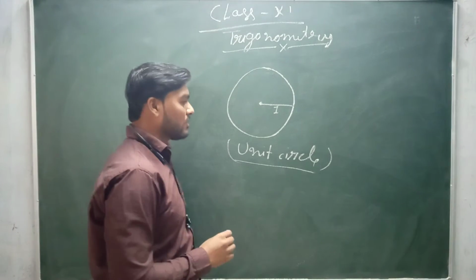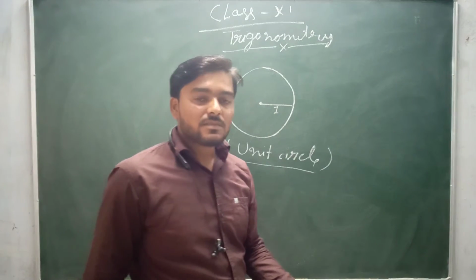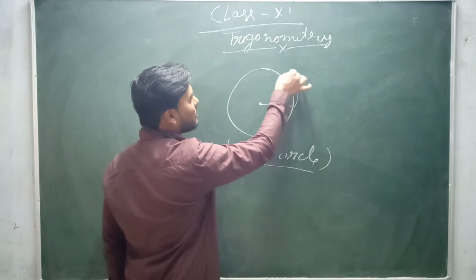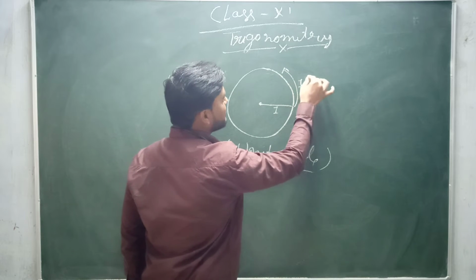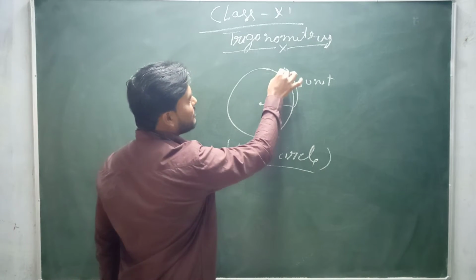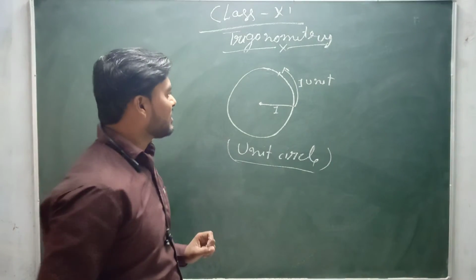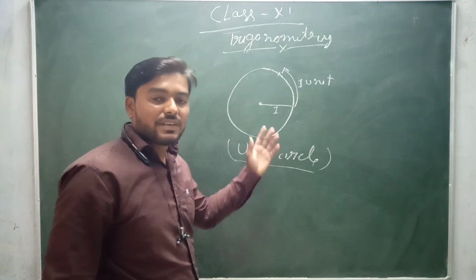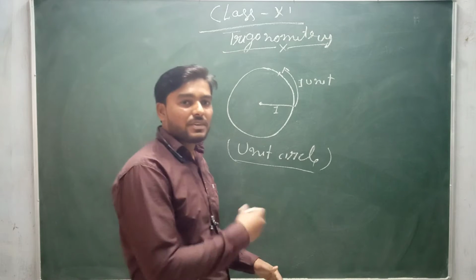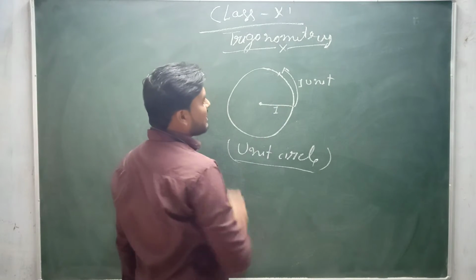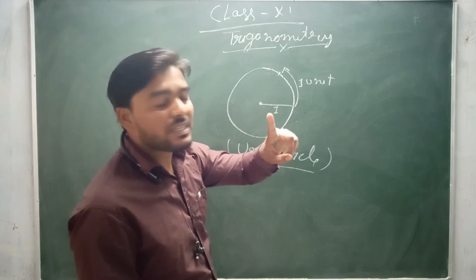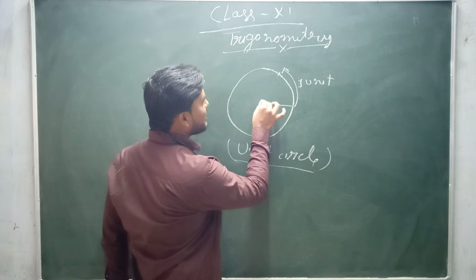Now, there is an arc of 1 unit. This is a unit circle, so the radius is equal to 1, and the diameter is equal to 2. Everyone knows that the diameter is double the radius. And here, this is an arc of 1 unit.